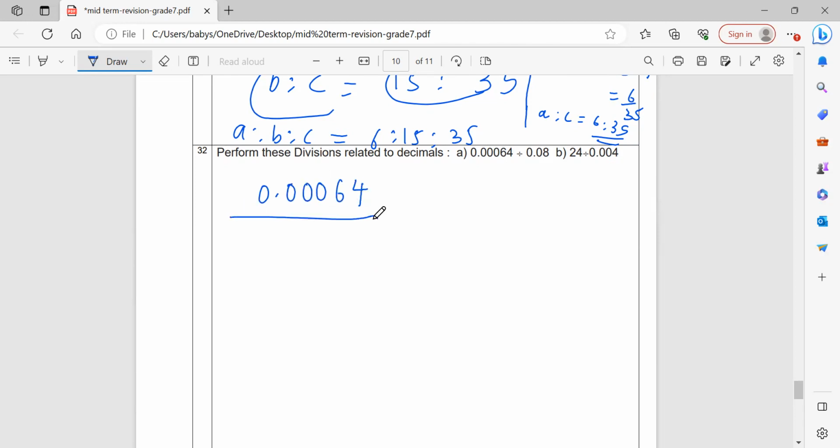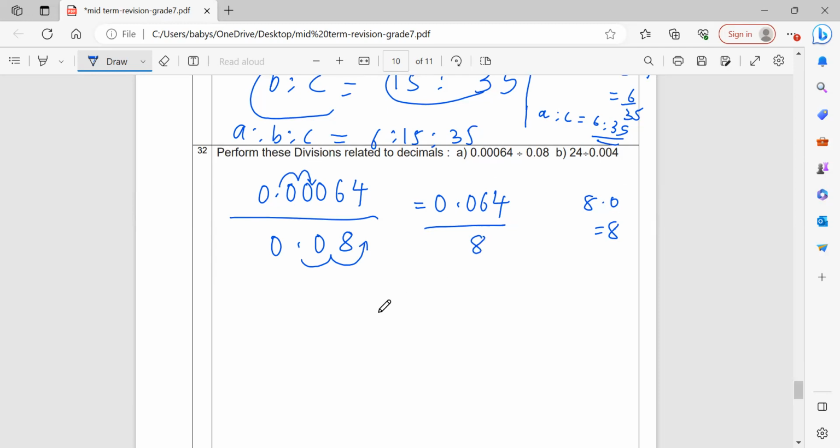0.00064 divided by 0.08. Like before, what I told you, try to get a whole number component in the denominator. So you will have to make 2 jumps, right? Your decimal point has to come here because 8.0 becomes whole number 8. So the same operation you should apply to the numerator too, giving me 0.064 divided by 8.